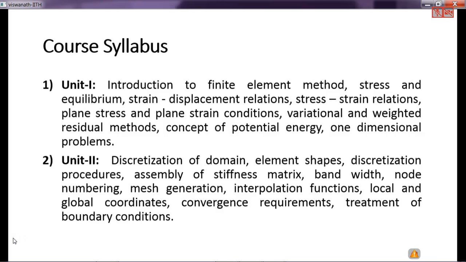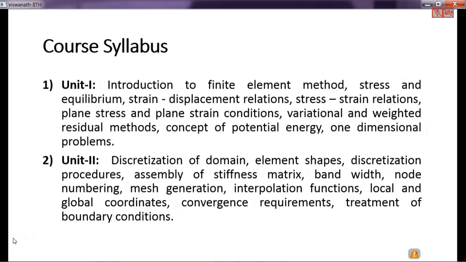For banded storage, you need to know the bandwidth, and only the data within the bandwidth are mostly significant, and outside are completely insignificant. So you will not even store such zero values. And in order to reduce the bandwidth, you need to number the nodes appropriately. So we will see what is the best way to do node numbering, how to generate the mesh, and other kinds of things. So that is the first part of Unit 2.